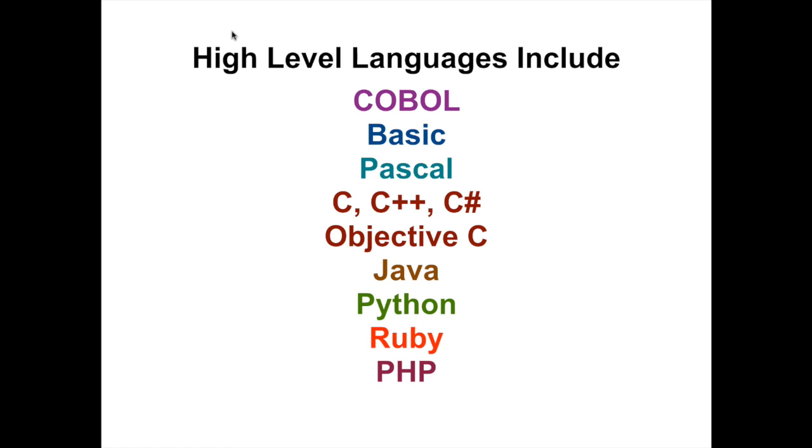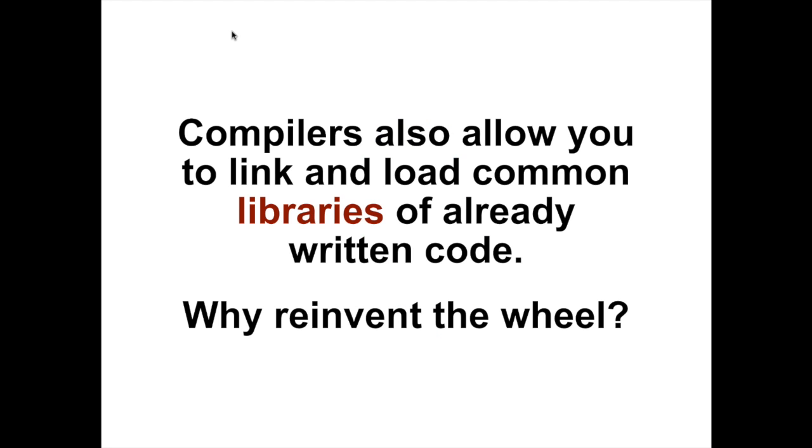If you want to produce stuff for the web, well, PHP, Ruby, and Python are all great choices for website applications. And so once you find what you want to do, usually there's a language that's sort of easiest to do that in. Now, compilers, in the broad sense of the term compiler, also allow you to do stuff like link and load common libraries. This is code that's already been written and done.